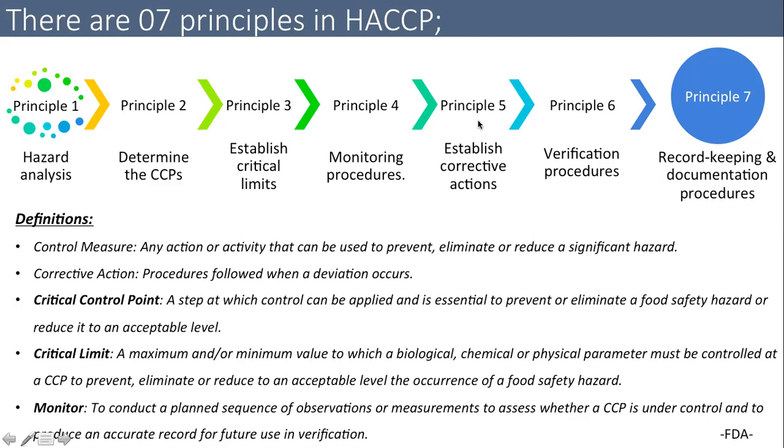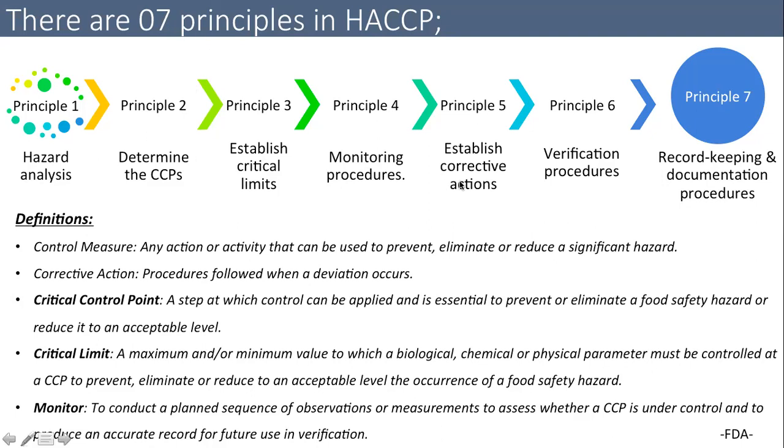Then corrective actions. What are the corrective actions? So we know the hazard and we have identified the critical control points and the monitoring, everything we have done now. Corrective actions means, sometimes the temperature may drop to 80 degrees Celsius, right?